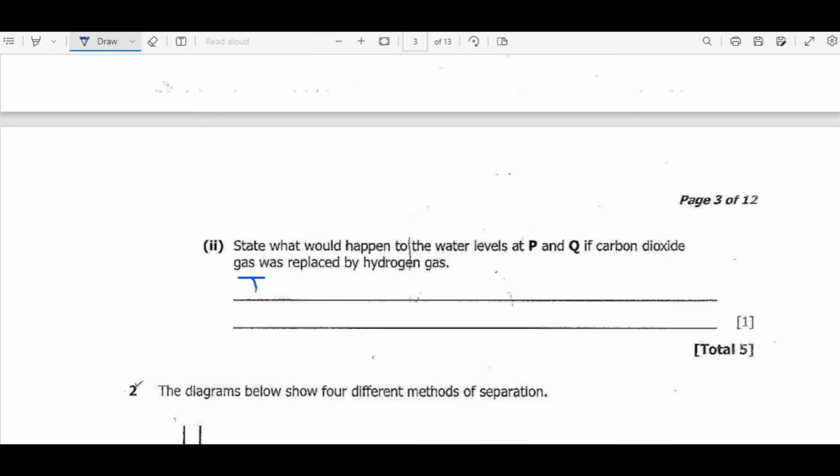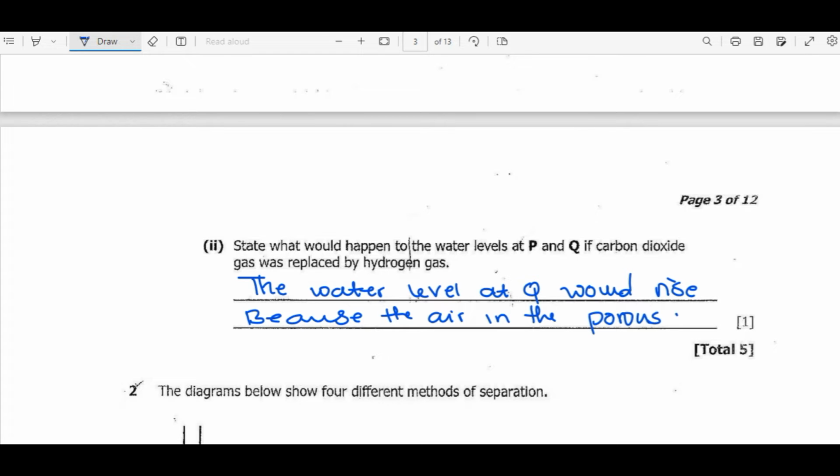So say the water level at Q would rise because the air in the porous pot becomes more dense. So that's the explanation that we can give here.